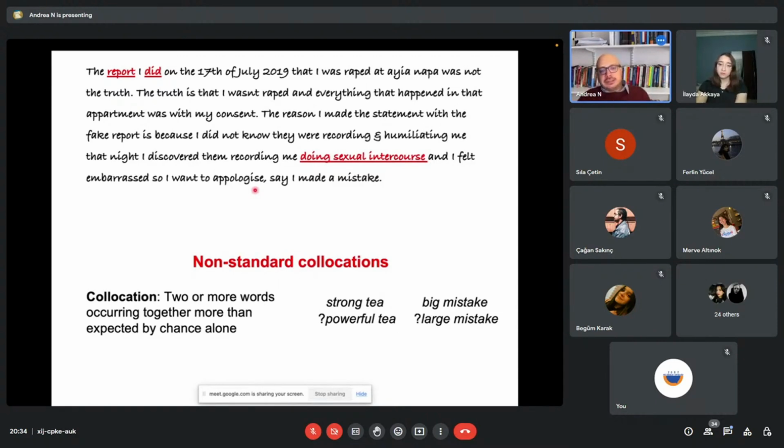speakers of a language as a second language would tend to learn a language rather than acquire it, then collocations are something that are very hard for them to learn, okay, for any speaker of any second language.